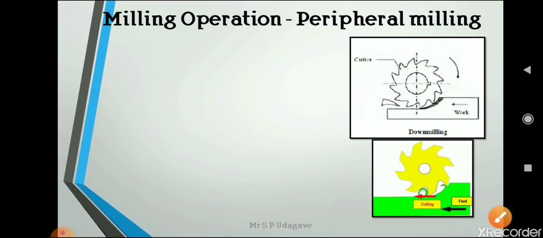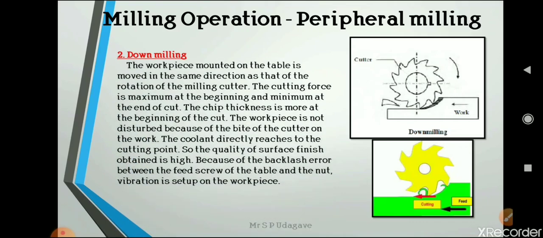Next one is down milling. The figure shows down milling, in which the workpiece mounted on the table is moved in the same direction. The direction of the feed and the rotation of the cutter are the same, and the cutting force is maximum at the beginning and minimum at the end of the cut. The chip thickness is more at the beginning of the cut and smaller at the end.